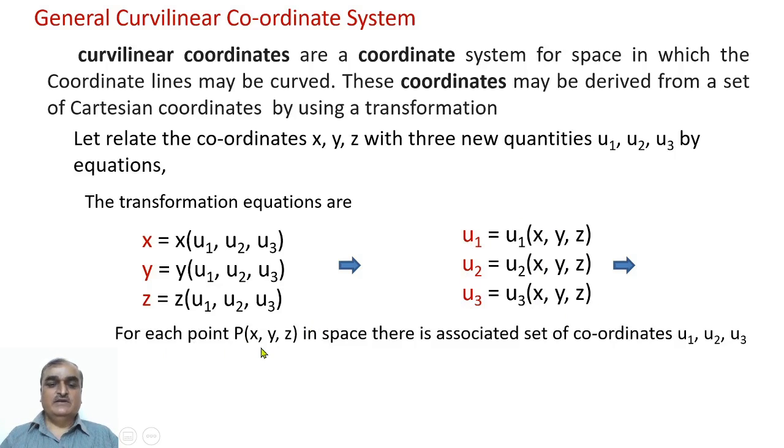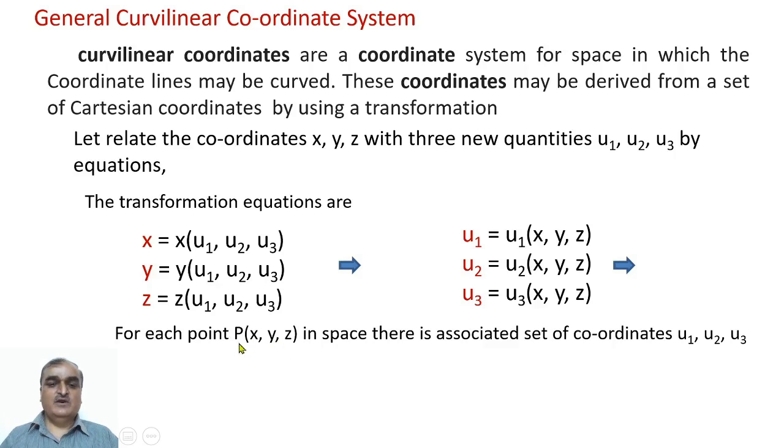And for each point P in space having Cartesian coordinates xyz, there is an associated set of coordinates u1, u2, u3. In the same way as we have seen in the previous lecture, for each point having coordinates xyz, there is a set of coordinates r theta phi in spherical polar coordinates and rho phi z in cylindrical coordinates.